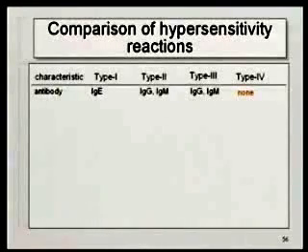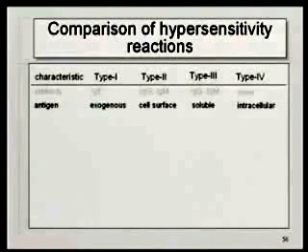And type 4, no role for antibody. That's a very, very important, crucial take-home message. Type 4, remember, the name itself tells you that it is cell-mediated. Okay? Type 4 has no role for antibodies.